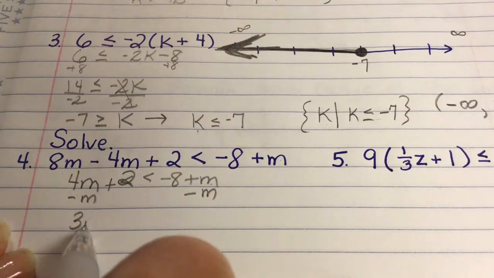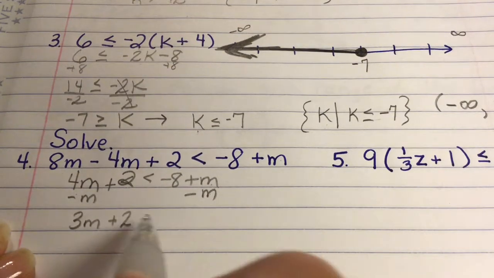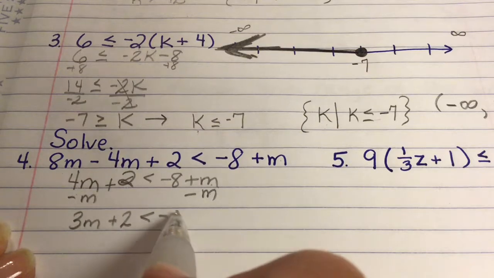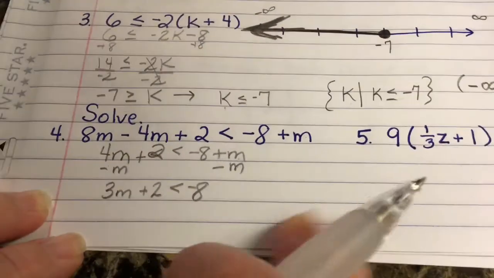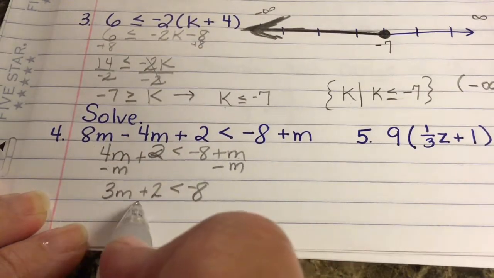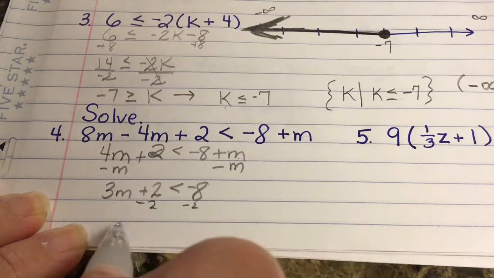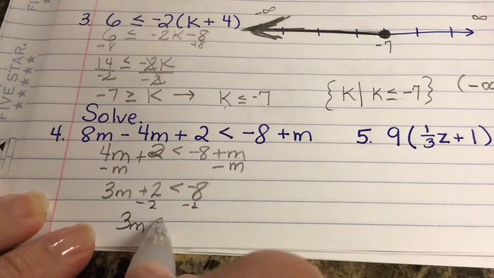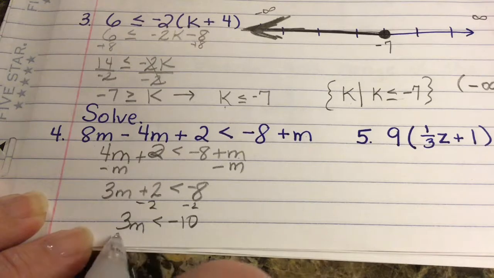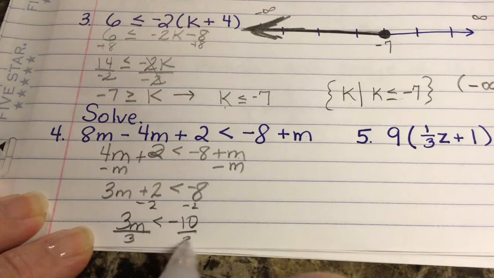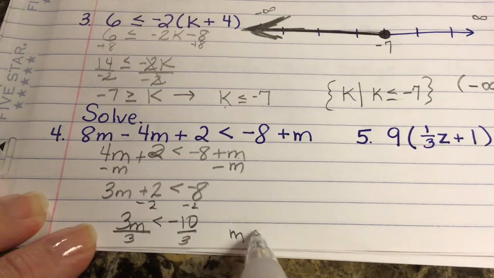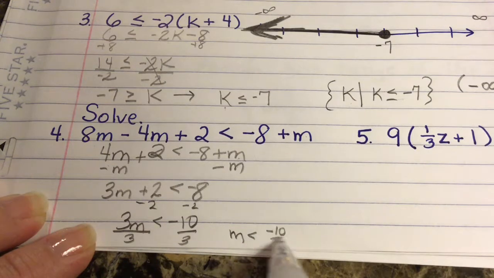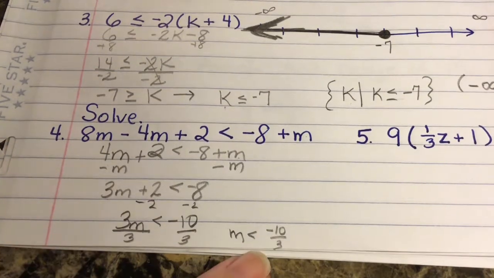So 3m plus 2 is less than -8. I'm going to subtract 2. 3m is less than -10. I'm going to divide by 3. So m is less than -10 thirds. Okay, so there's my solution.